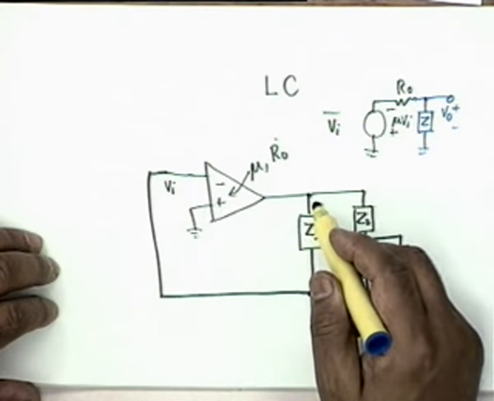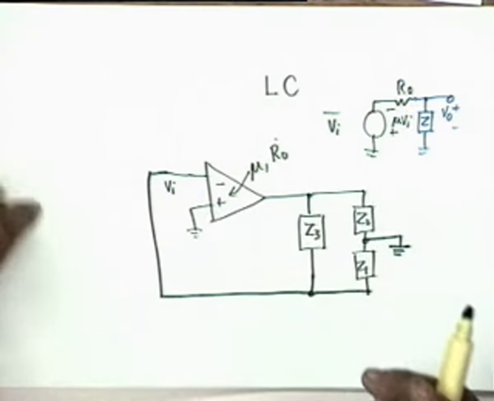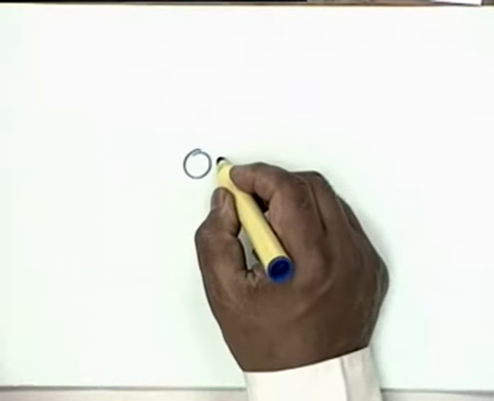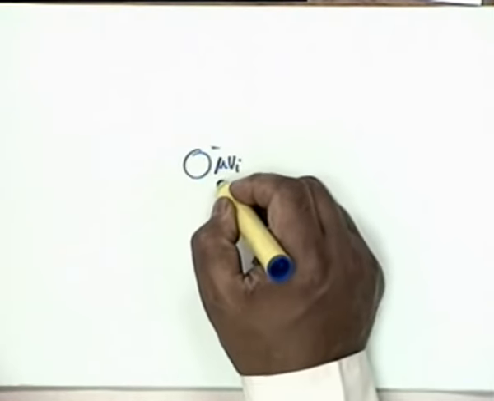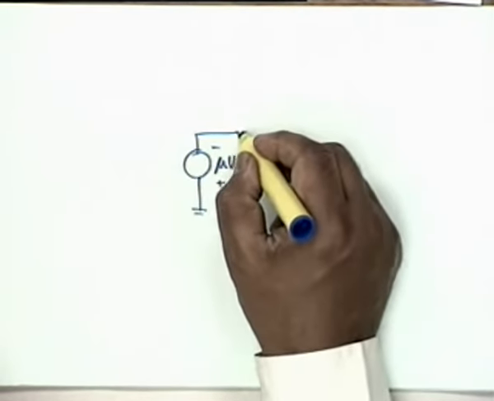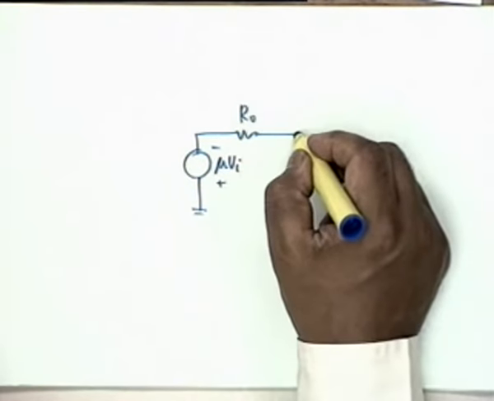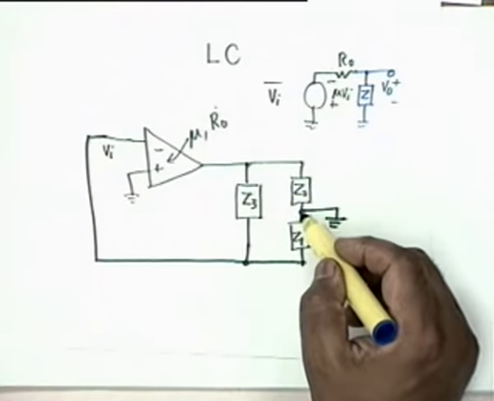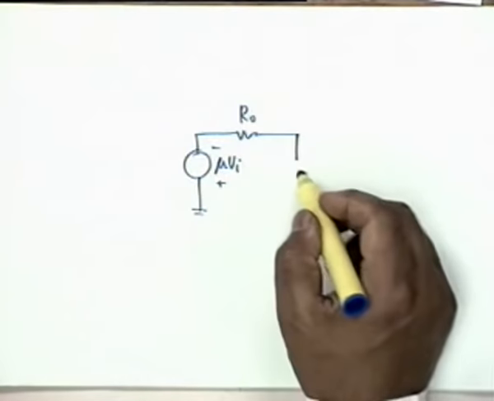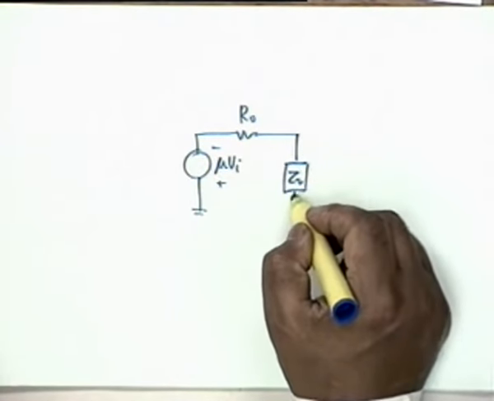Is that okay? No? Let me draw it again. It's okay? Alright. The equivalent circuit is mu Vi, minus plus, R0. Then we have to ground is Z2.